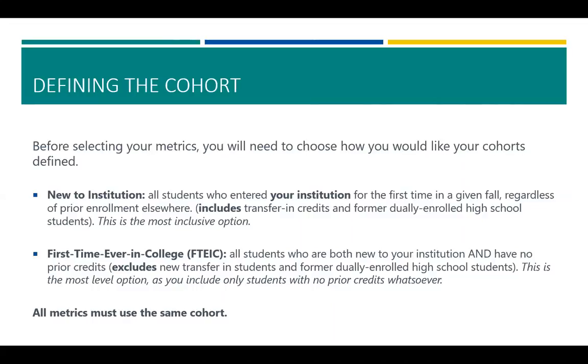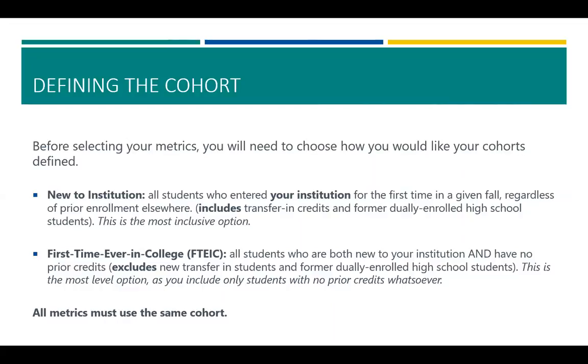It doesn't matter what kind of previous enrollment they may have had, so students who might have transfer credits because they were enrolled somewhere else, or students who were formerly dually enrolled high school students coming in with credit. So you're looking at students who started at your school for the first time at the same time, but they're not all coming in with 0 credits. So that's just new to institution.